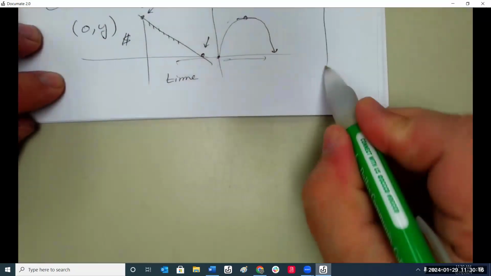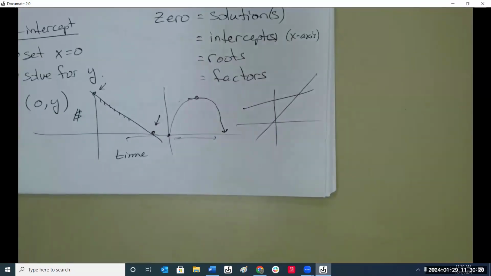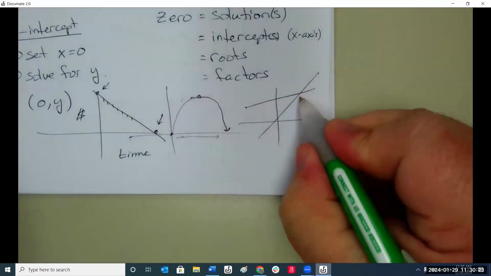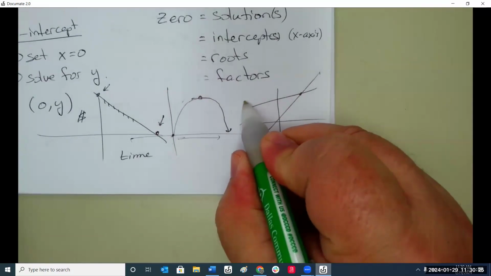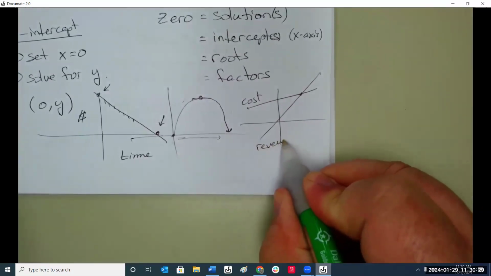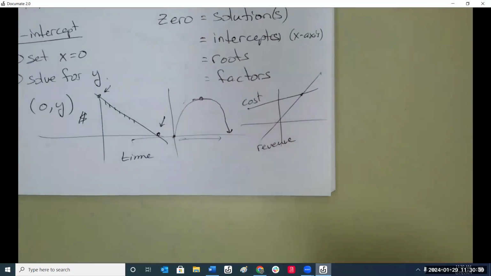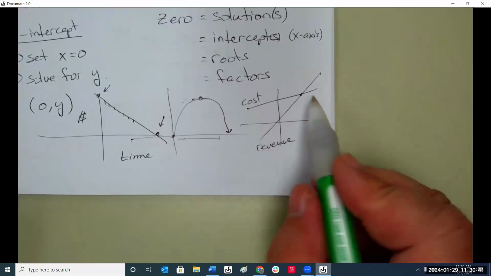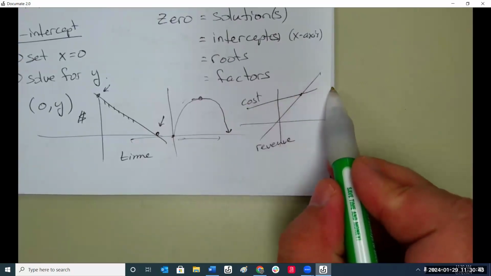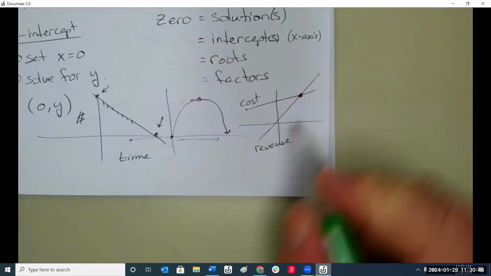In some of the businesses, they use something like this. Well, this is your cost and revenue. What is revenue? How much money you make? Cost is how much it costs. So hopefully the cost of the items has a slow rate, but you can keep on making money. Eventually, at this point, you'll break even.